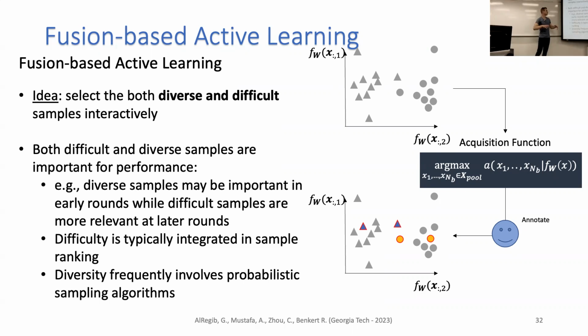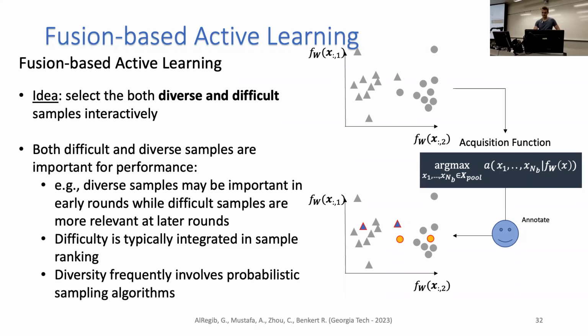That's essentially what these fusion-based algorithms try to do. They all do it in very different ways, estimating difficulty and diversity in two different ways, and they typically mix both of them into one. So any questions about this before we move into open research problems?